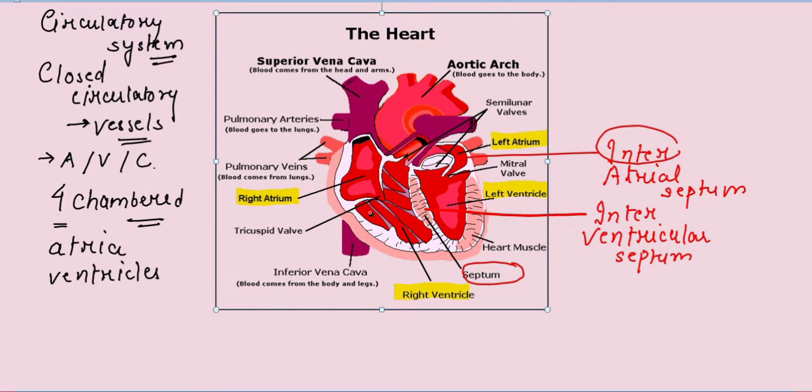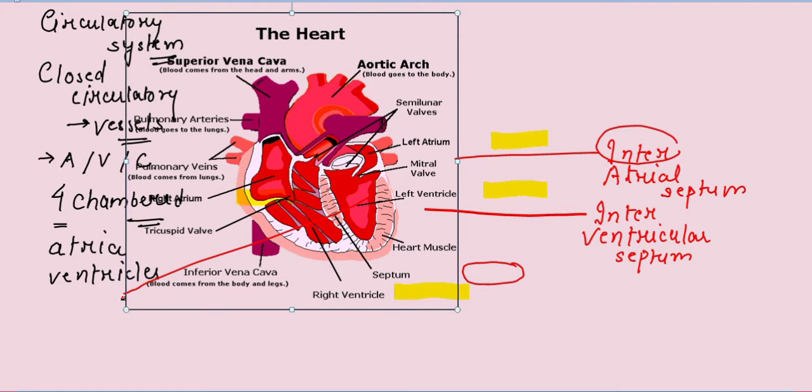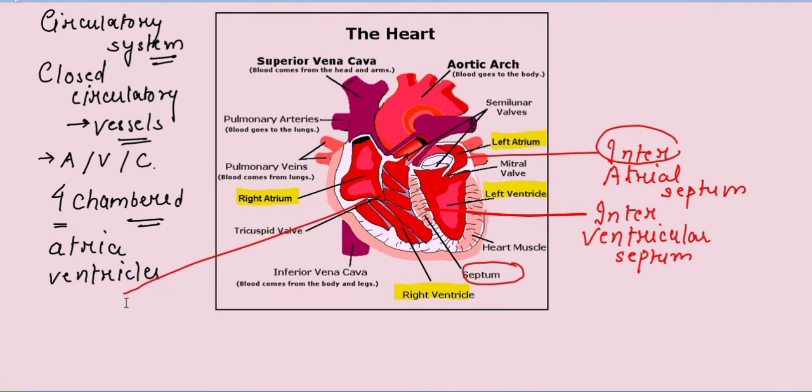Now एक partition होता है जो atrium और ventricle के बीच में होता है. So one is present between the right atrium and right ventricle. One partition is present between the left atrium and left ventricle, and this partition is known as atrioventricular septum.